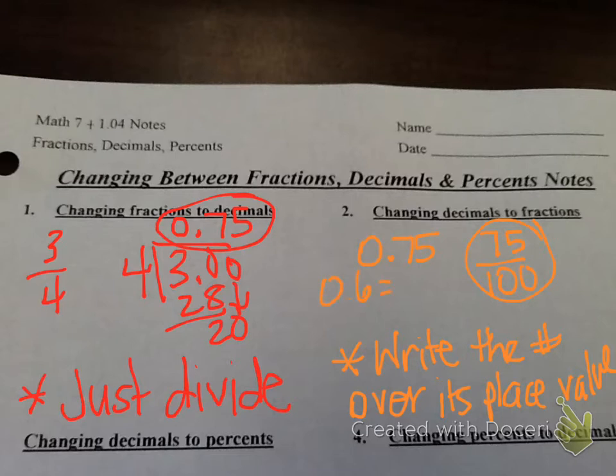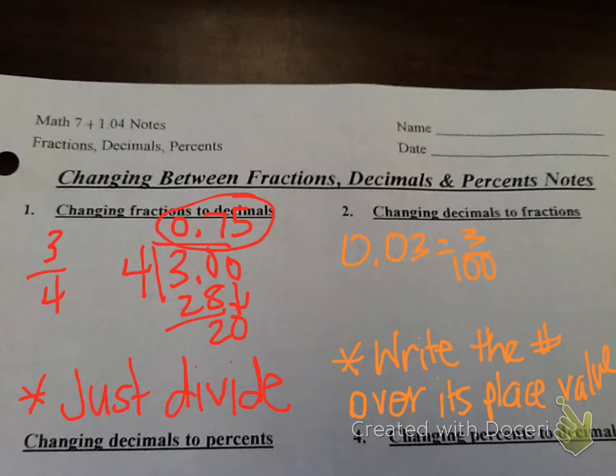If I had 0.6, the number is 6. It's in the tenths place, so I write a 10. If I had, let's see, 3 hundredths, the number is 3.